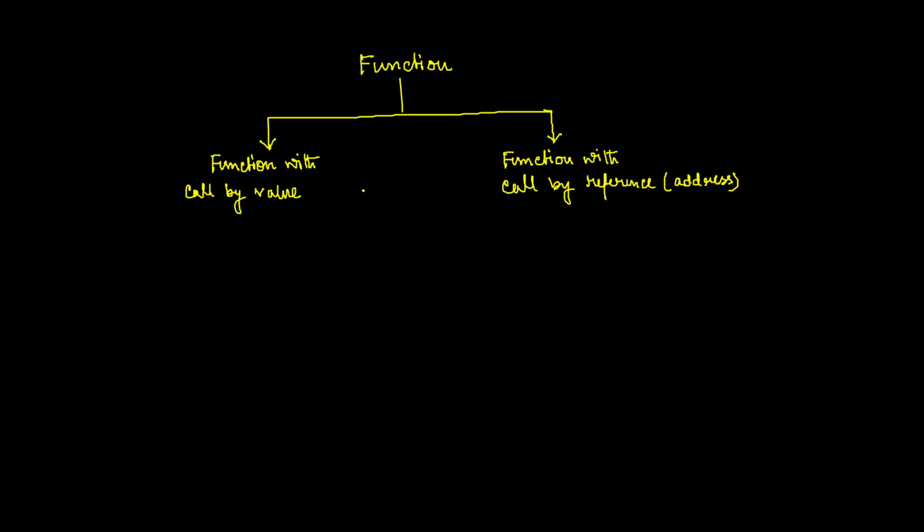You can use any of the four cases that we described in the previous class with call by value, and also any of the four cases with call by reference. It totally depends upon the programmer which particular case and which type of function will be used at which point of time.